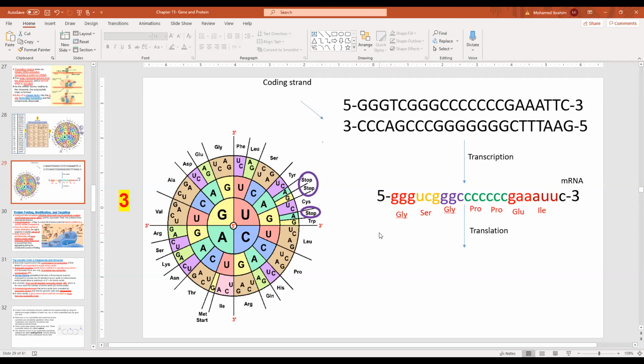There are 3 stop codons, and all start with the letter U. UGA is a stop codon, UAG is a stop codon, UAA is a stop codon.